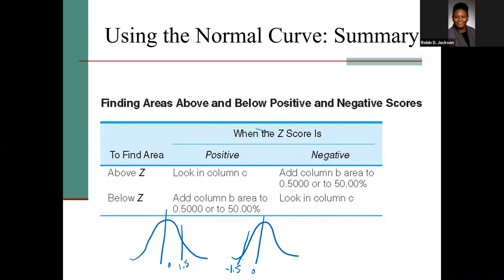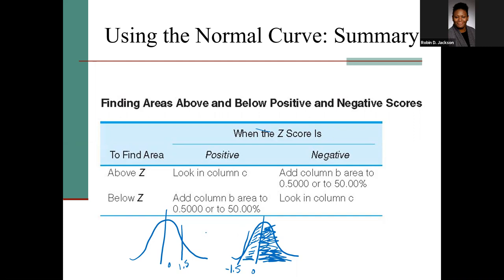That means I want everything above that Z-score. I'm looking at this area plus this area. All right, I hope that makes sense. All my scribble scrabble, hopefully it makes sense.